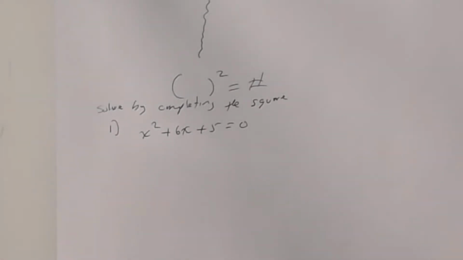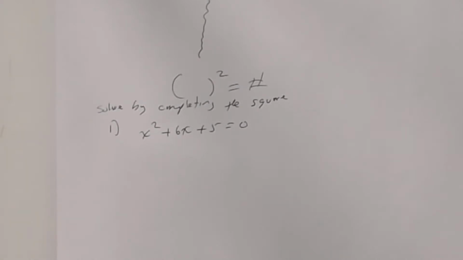So again, what kind of equation is this? Quadratic. Now, this equation is factorable. You can look at this and tell me what the two factors are. 5 and 1. The factors would be x plus 5 times x plus 1. But the direction says not to do it by factoring.